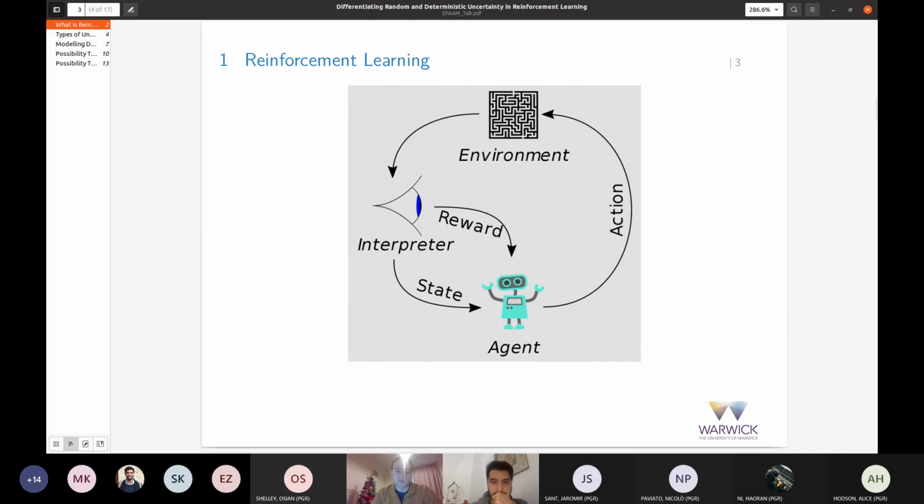Rewards are uncertain because, well, maybe one example would be perceived comfort of the passengers, because that'll be dependent on human factors, and even the state will potentially be uncertain because the GPS measurement could be wrong. Yeah. So the point is that uncertainty plays an important role in reinforcement learning problems, which means we need to be able to accurately describe it.